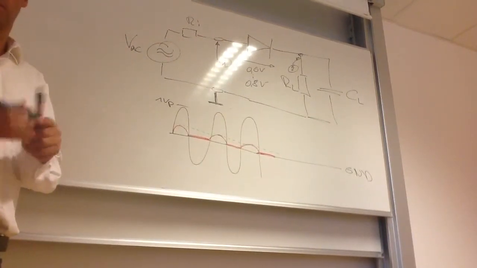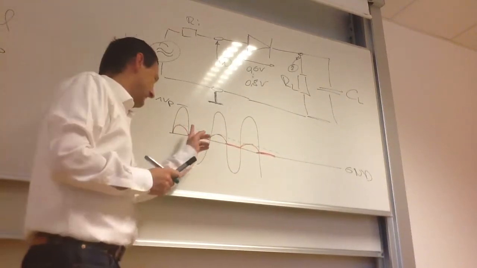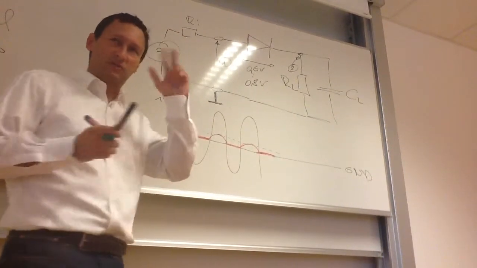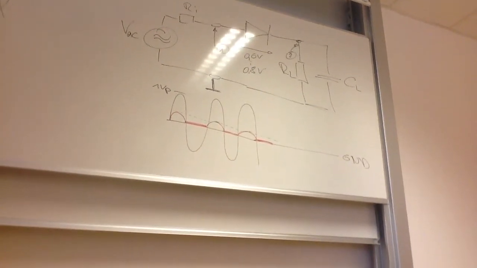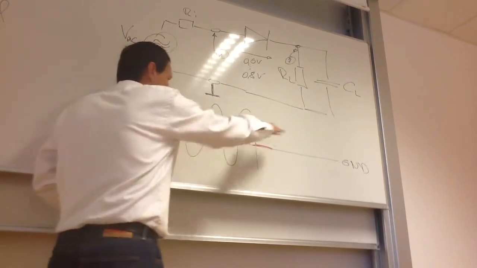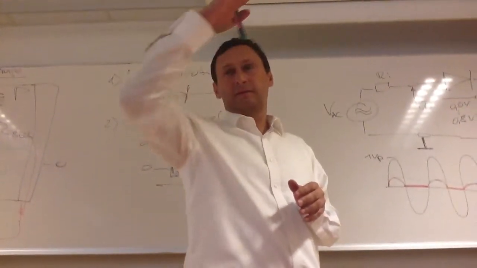And this definitely is a DC voltage because it doesn't change the sign, and it's roughly flat. It's not perfect, but it's flat.